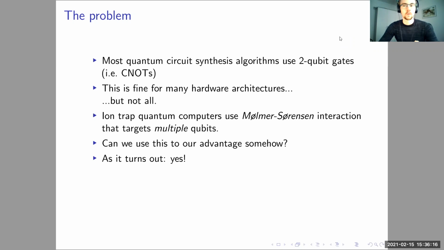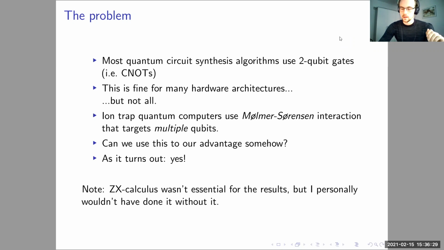So the main result is a compilation algorithm that transforms an arbitrary circuit that consists of phase gates and CNOT gates into a circuit consisting of single-qubit unitaries and global gates. So I want to preface this with, since it is the ZX meeting, that while I do use ZX calculus, it's not exactly essential to the results.